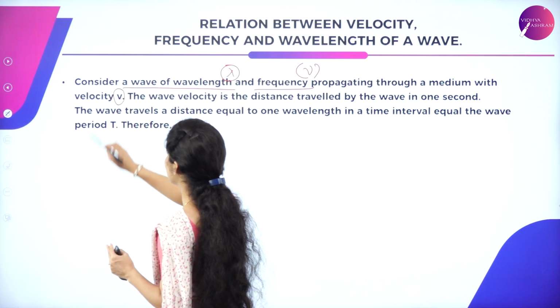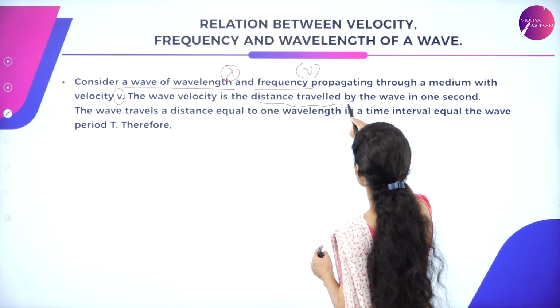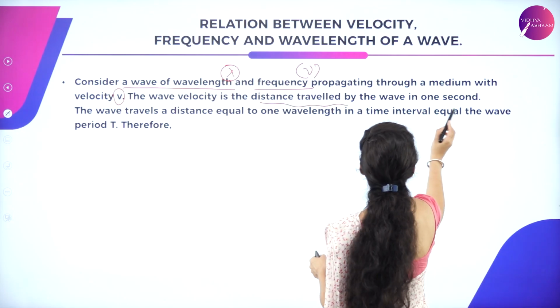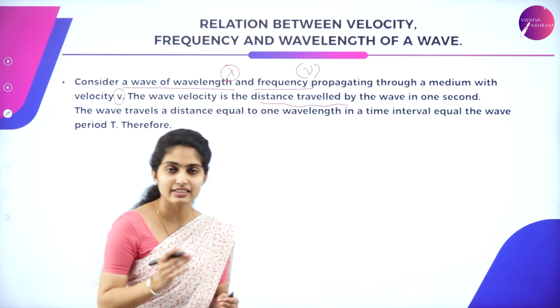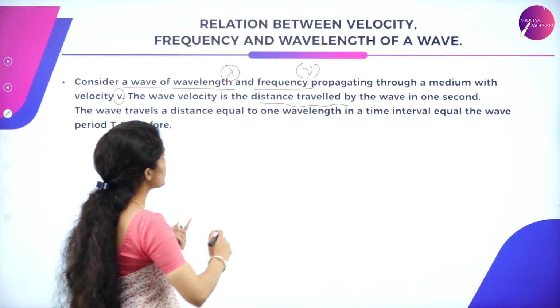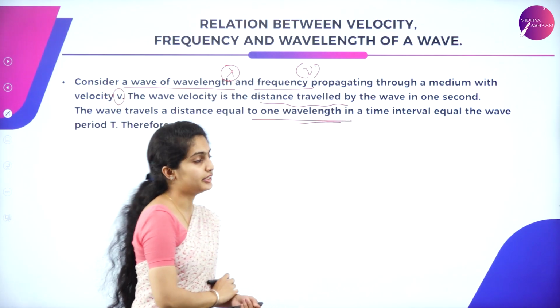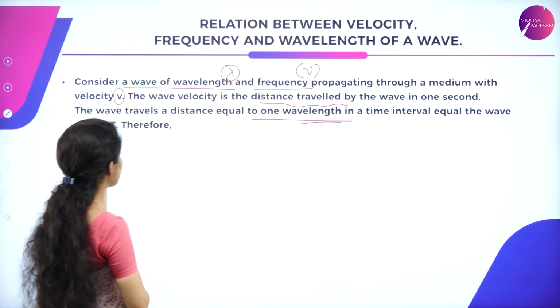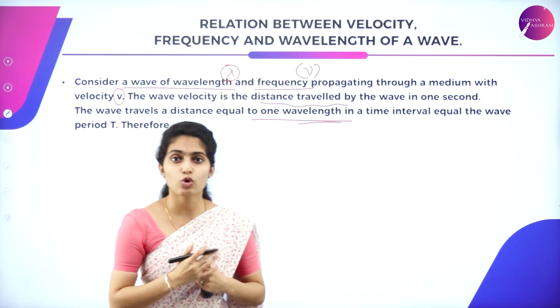The wave velocity is the distance traveled by the wave in 1 second, as we studied. The wave travels a distance equal to one wavelength in a time interval equal to the wave period, which is T.